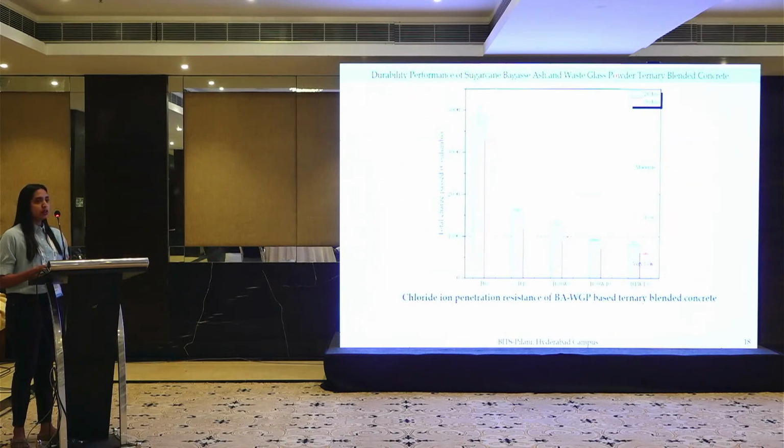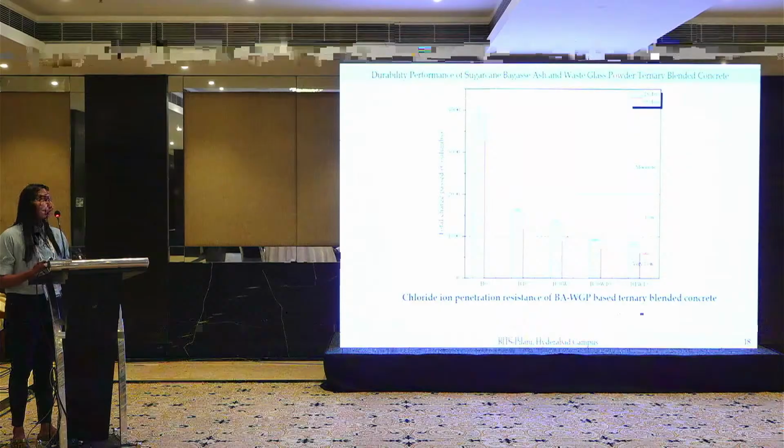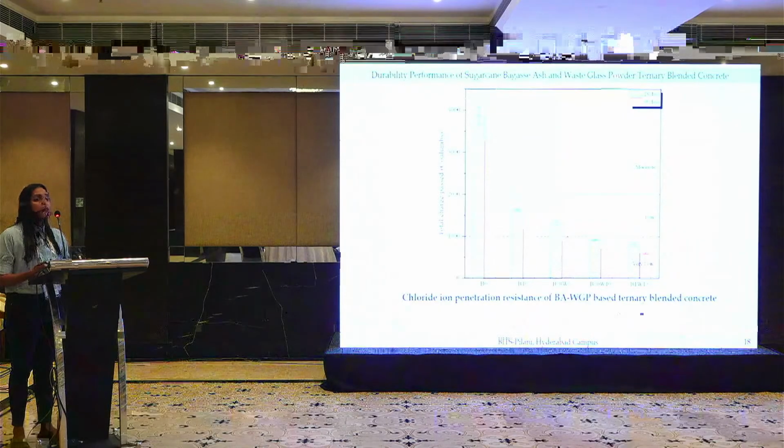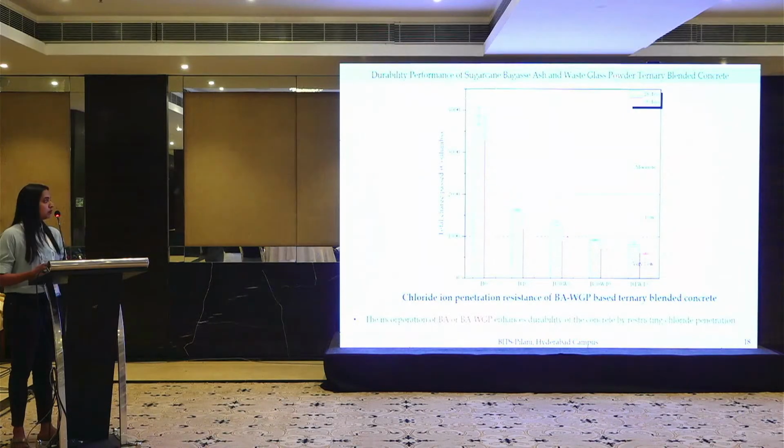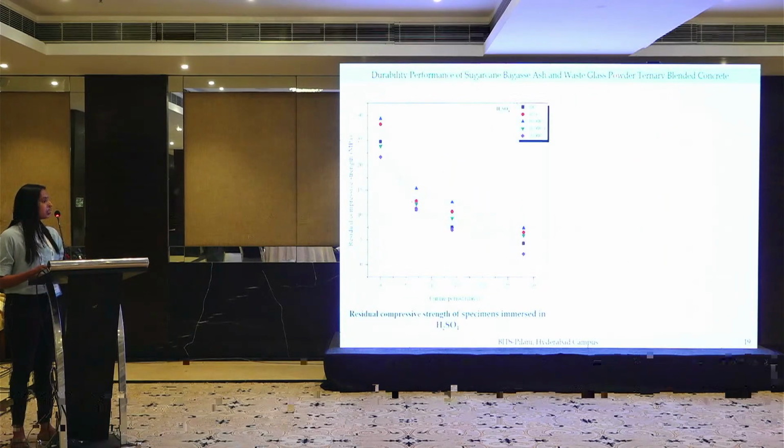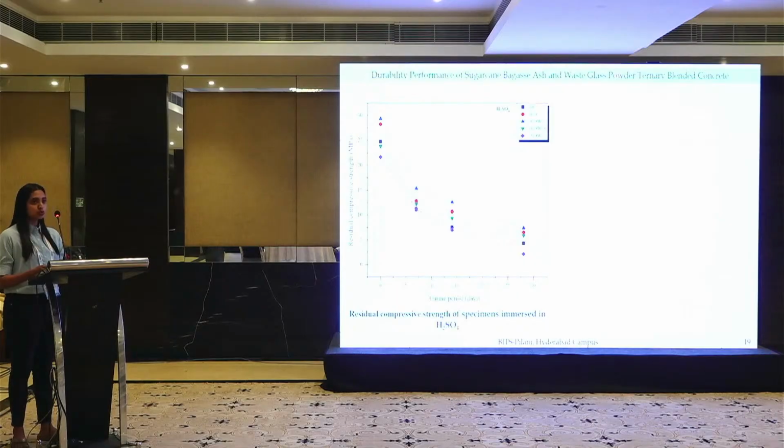This is the chloride ion penetration resistance of ternary blended concrete. With respect to the replacement level, the chloride resistance is higher. If you compare with control concrete, the binary as well as the ternary blended concrete has better durability.